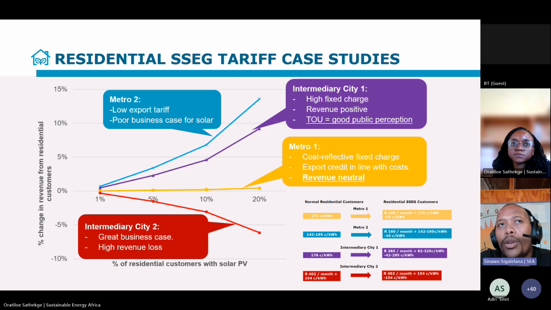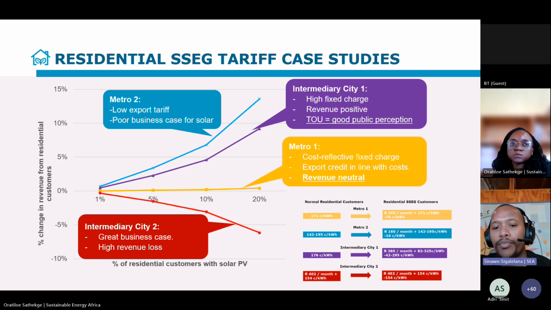Because most importantly, as a customer, I need to improve my business case. I need to pay back this investment as fast as I can so I can start to realize the free electricity. If you incentivize me, it means that you reduce my electricity bill. So I incur savings on my bill. What do those savings do? They assist in the payback of my capital investment.